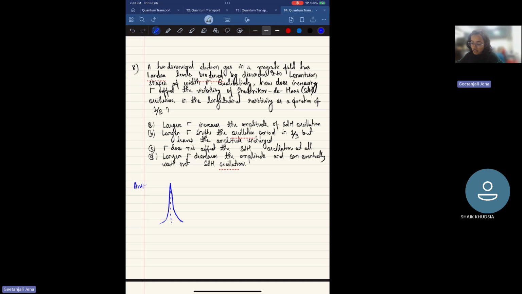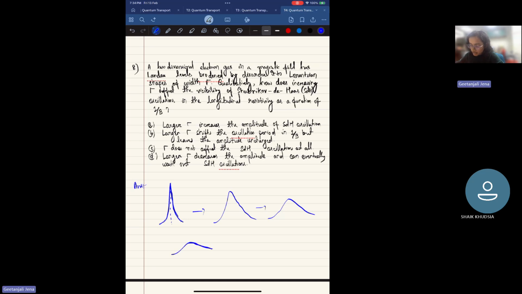So Shubnikov-de Haas oscillation is related to the oscillation in the conductivity or resistivity along the direction of the current, right? So when the Landau levels broaden due to disorder, that means the sharp peaks that we see in the density of states will eventually smear out. They will spread out like this.